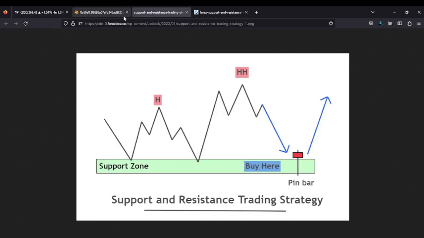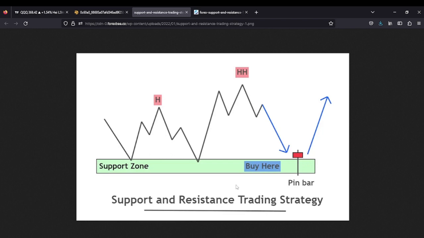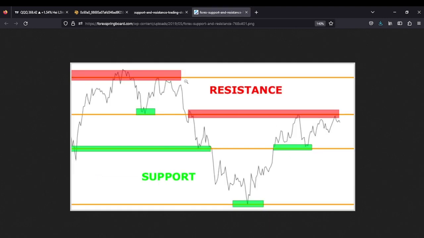I like boxes, I like areas, not just a line. You learn how to draw support and resistance lines, and after that, extend it, make it a box, make it an area, make it a zone, because nothing is absolute. You penetrate more, penetrate less. This is what I do: I draw a line and then I look for support and resistance boxes, not just a line anymore.